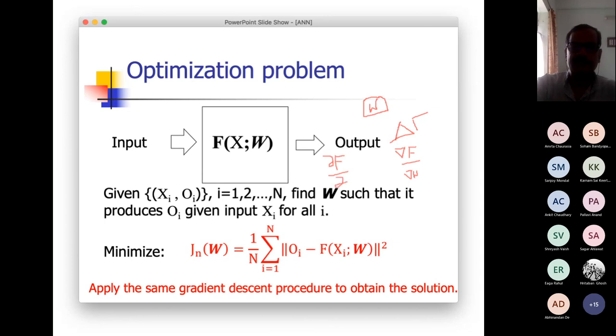Let us represent the whole parameter set as a flattened vector, and say i is the ith component of that vector. So you are computing this.